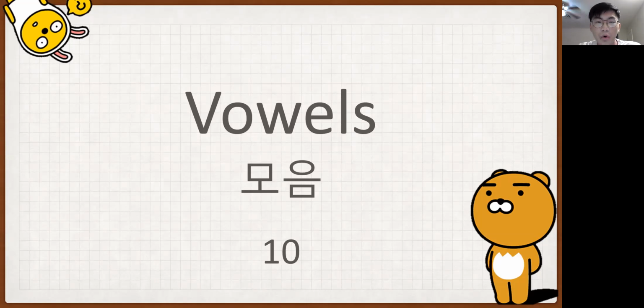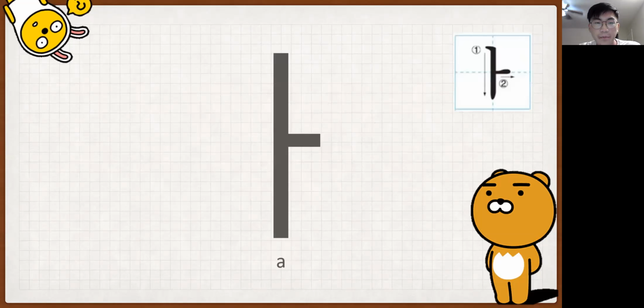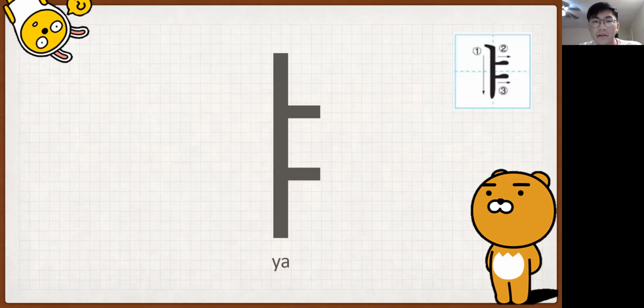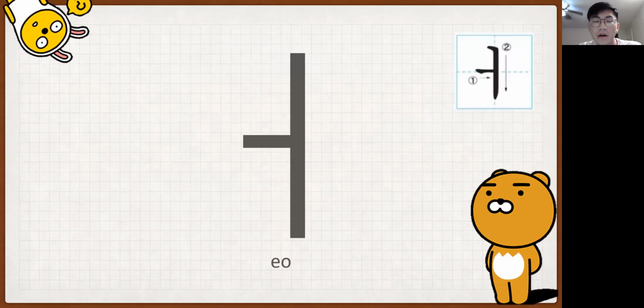The vowels are 모음. There's 10 of them. First one is 아. Second one is 야. These two are a pair. Then the second pair is 어, 여.